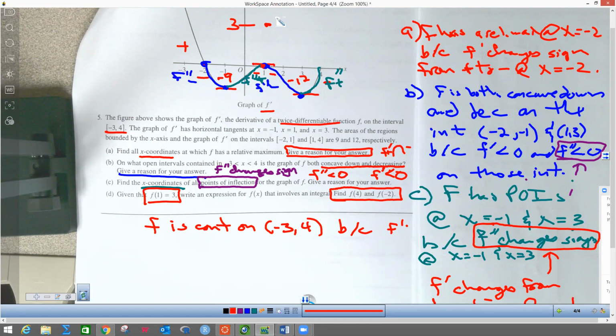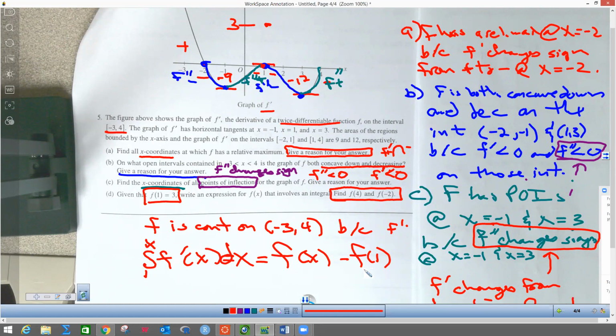So this is kind of a fundamental theorem of calculus thing here. What we're going to do is say the integral from 1 to some x value of f prime of x dx is going to equal f of x minus f of 1. That's probably where I'd start.